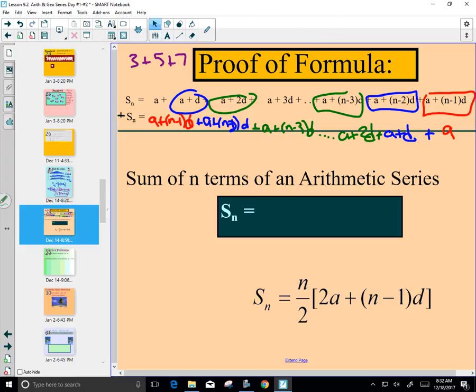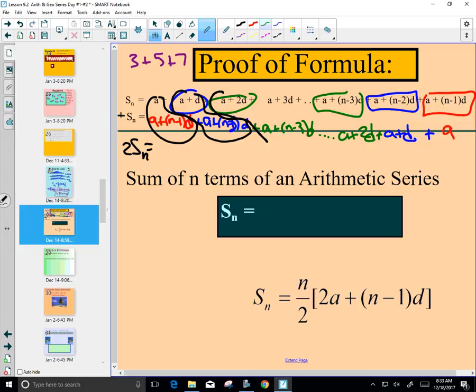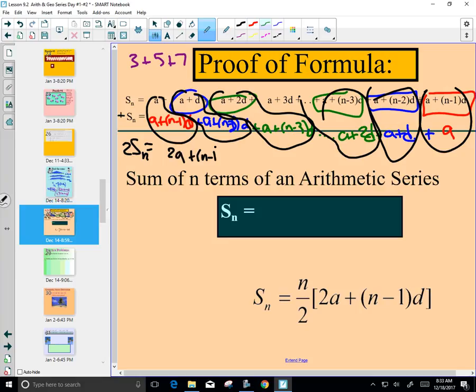Well, what happens when I add those all up? Sum plus sum in reverse is 2 times the sum. And then if you take this clump and this clump and this clump and all of these together, they all add up to one thing. They add up to 2a plus n minus 1 times d.